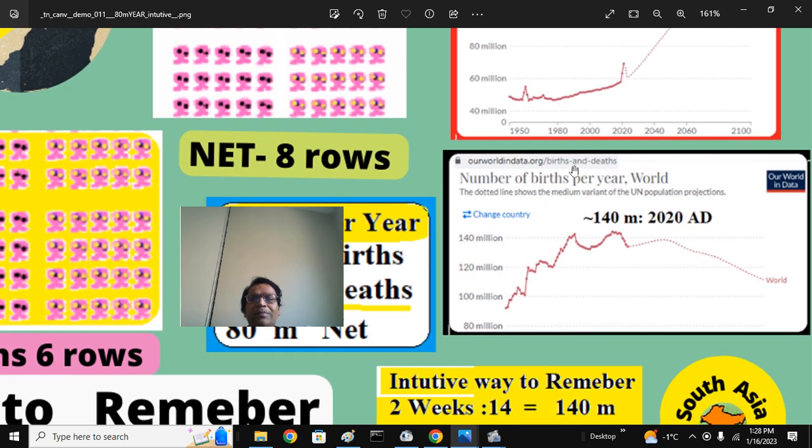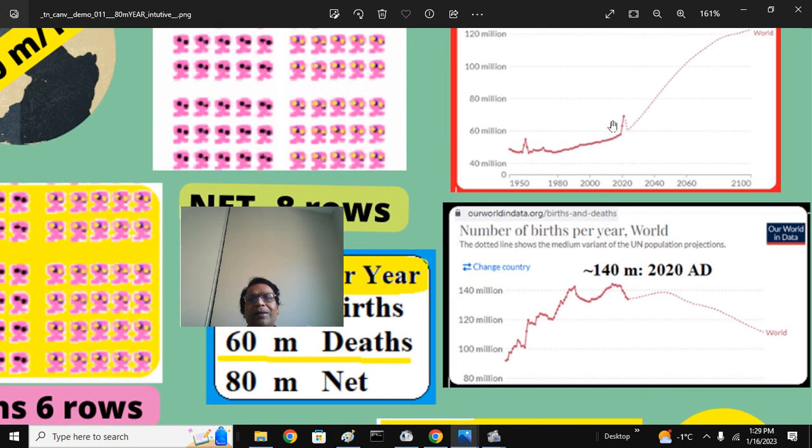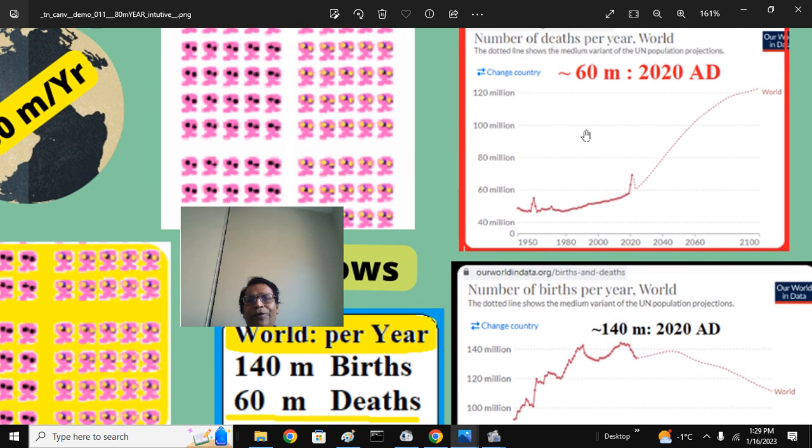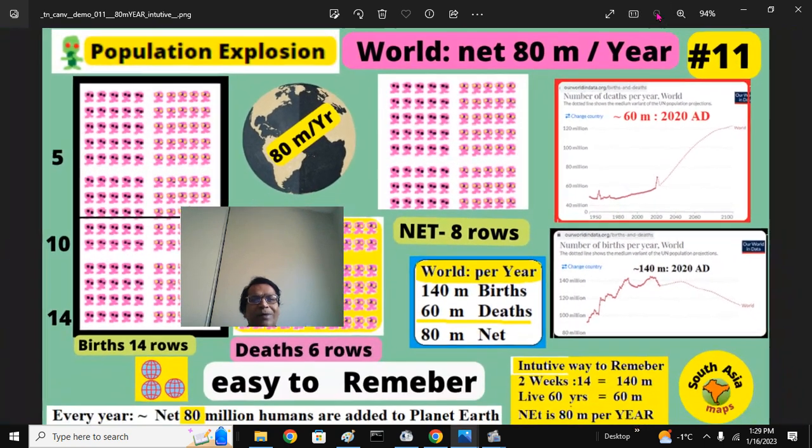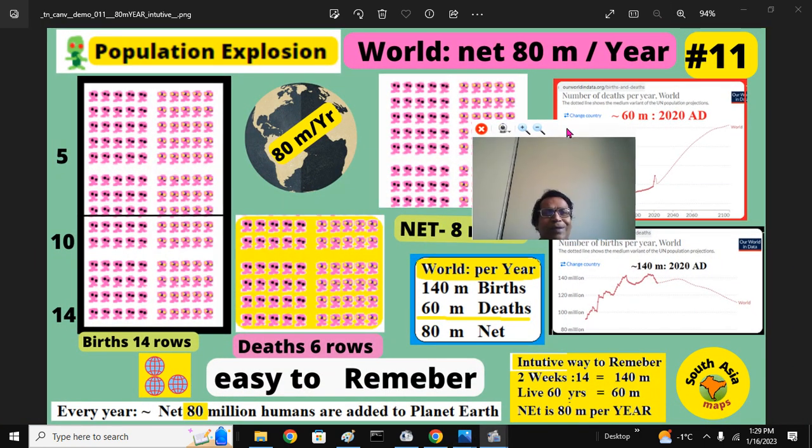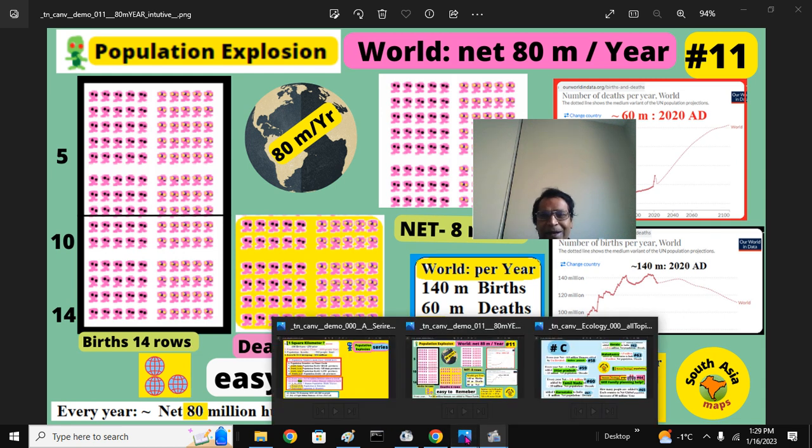And from the same source, the births are roundabout 140 million people, just rounded. This is the net births and this is the deaths. 140 minus 60 becomes roundabout 80. So if you remember the planet Earth, the 0, make it one more sphere here, that becomes 8, and put the sphere back again, that becomes 80.